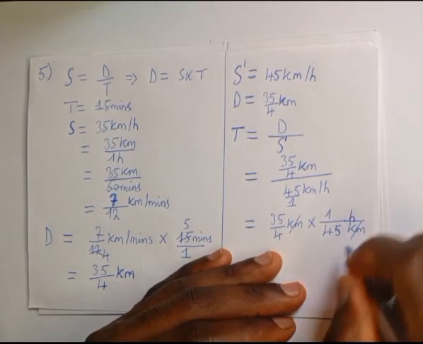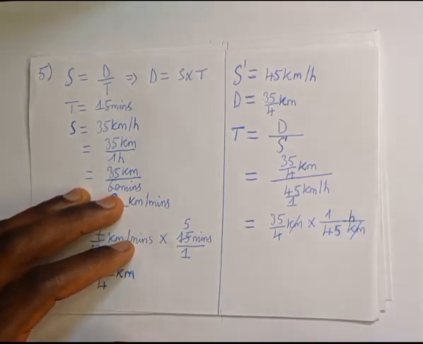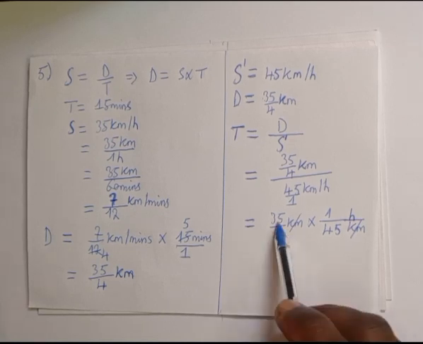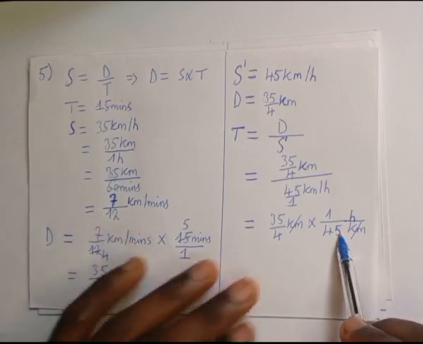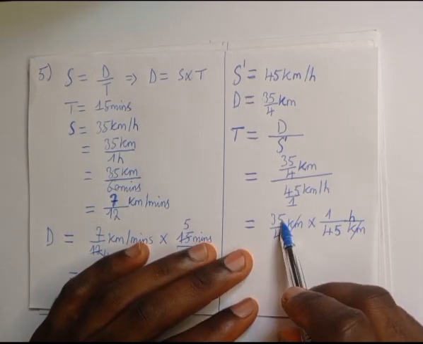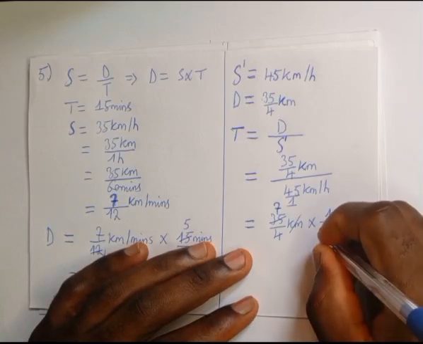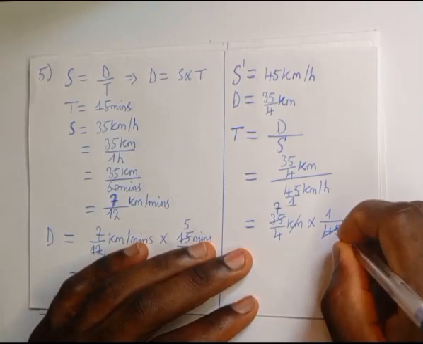Kilometers will cancel kilometers. You'll see we'll be left with hours, which is a unit of measuring time. Now we can proceed with the simplification. The highest common factor of 35 and 45 is 5. 35 divided by 5 gives us 7. 45 divided by 5 gives us 9.